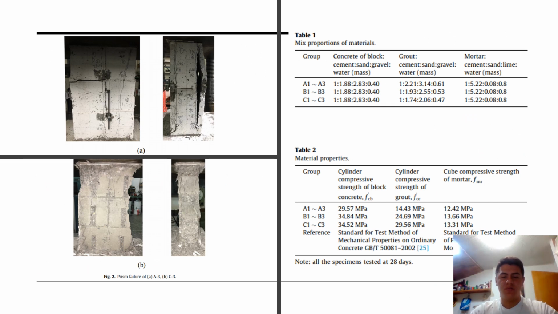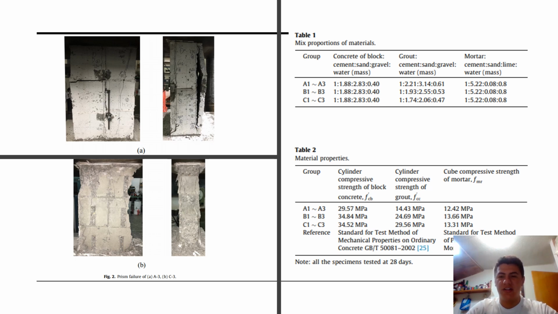According to that, we can see the proportion of materials. They establish groups called A1, A3, B1, B3, C1, C3, and we can see the concrete of the block, made of cement, sand, gravel, and water.